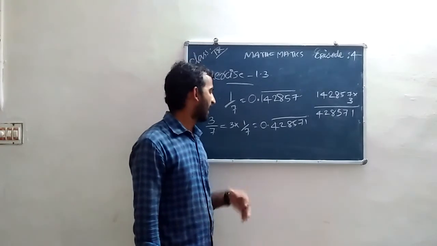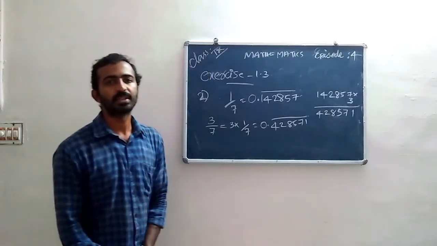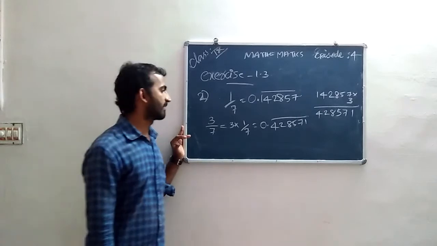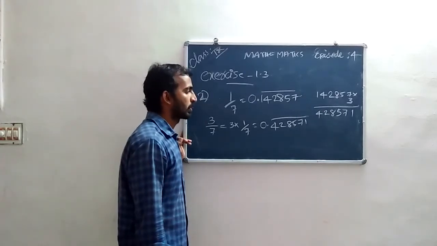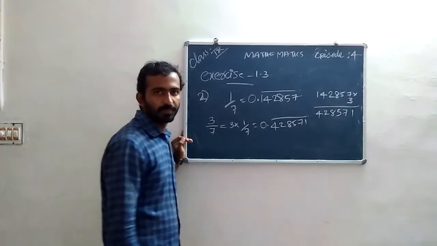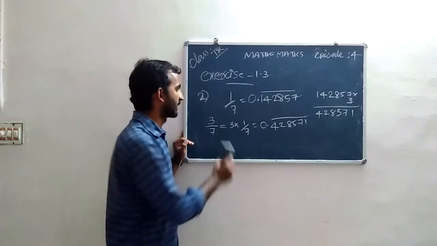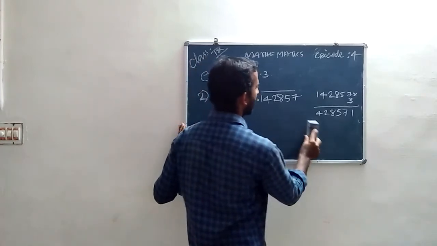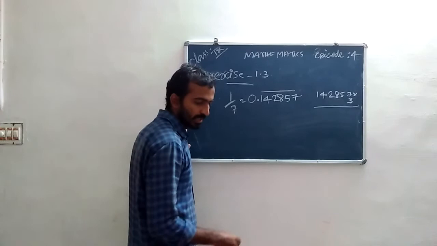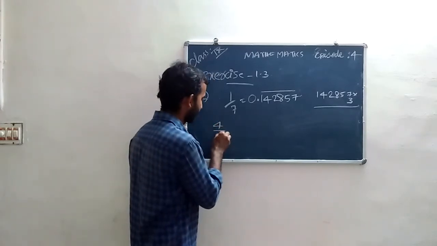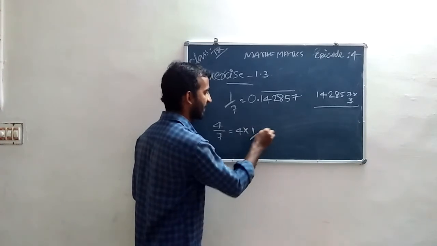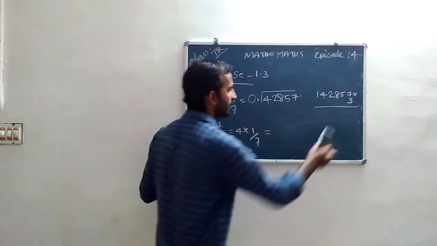This is the answer for 3 by 7. Here we take 3 as common and 3 into 1 by 7 we get 0.42857. Then we want to find the next, 4 by 7. It is 4 into 1 by 7, and we get the answer.